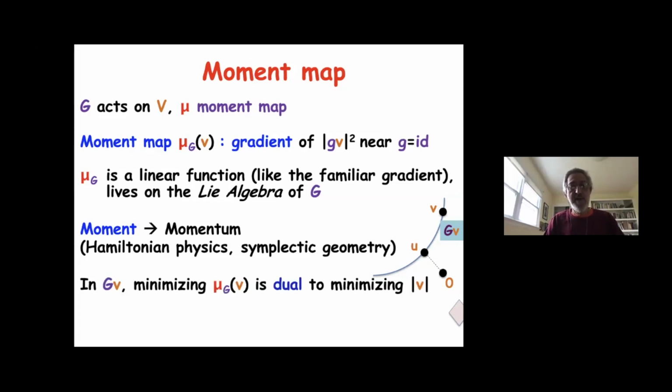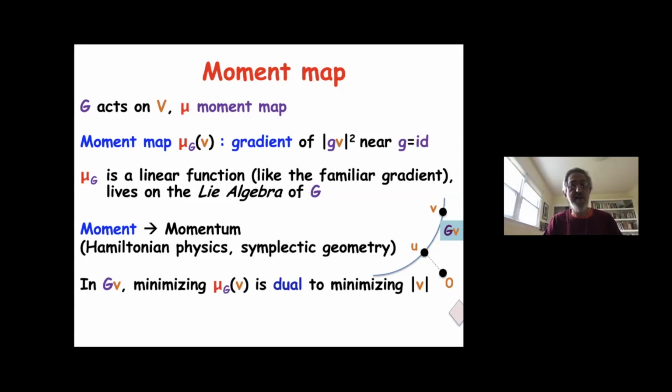And what we already see from the Maass theorem is that minimizing the gradient, the moment map, is dual to minimizing V. I want to stress that even though for exact answers we have the duality theorem, when you are doing approximations, as we are, this duality is not exact.